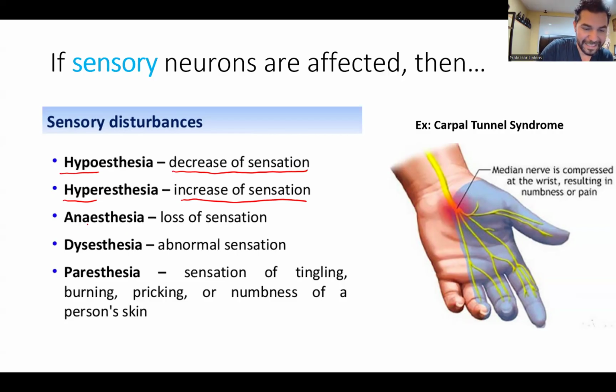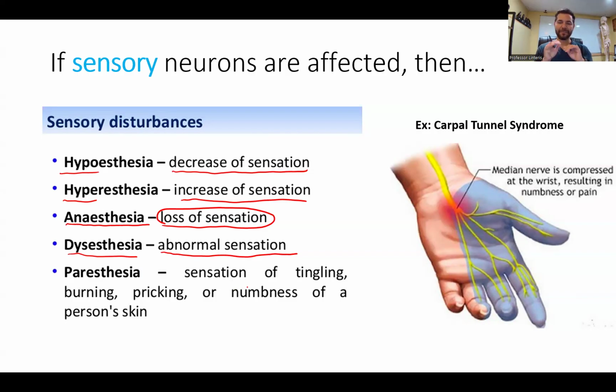Think of anesthesia, right? Loss of sensation, aka no sensory function. Abnormal sensations, and tingling, burning, numbness, things like that, caused by usually compression or something like that of a neuron, or I should say of a nerve. Constantly seen with sciatica and things like that.